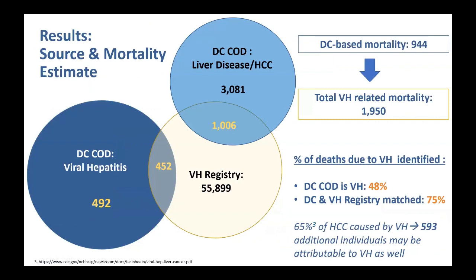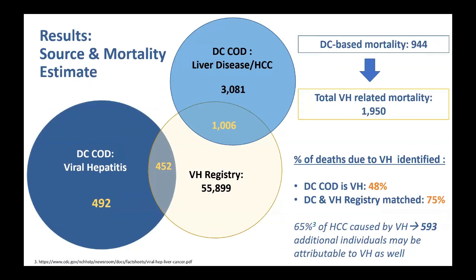When it comes to building a mortality estimate, we saw that by looking just at the death certificate data alone, we had 944 deaths due to viral hepatitis. By matching to our viral hepatitis registry, we found an additional 1,006 deaths with viral hepatitis as a cause of death, which brought our total of viral hepatitis related mortality to 1,950.